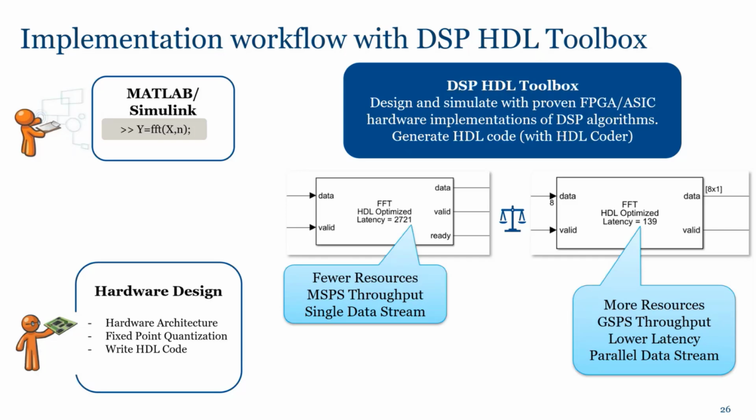Here we are achieving, with a single data stream, a megasample per second throughput. On the other hand, we have another trade-off where we are able to achieve a gigasample per second throughput with a parallel data stream and a lower latency, but on the other hand, we'll be using more resources.